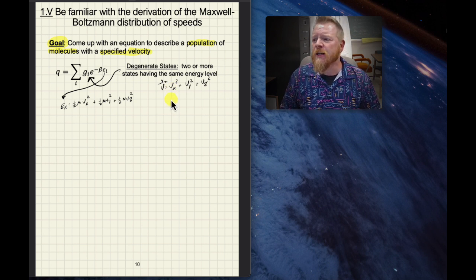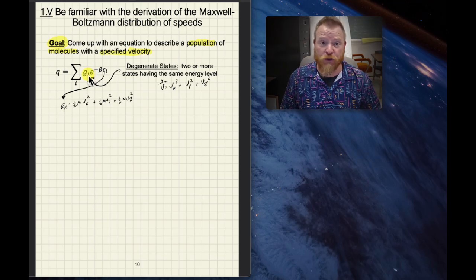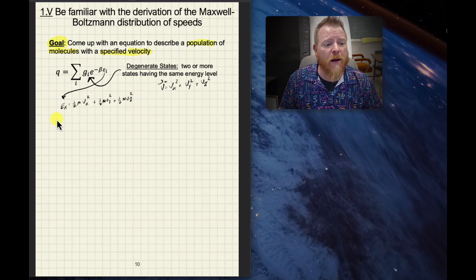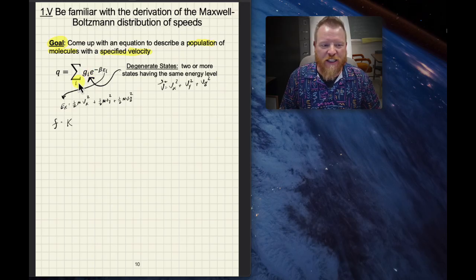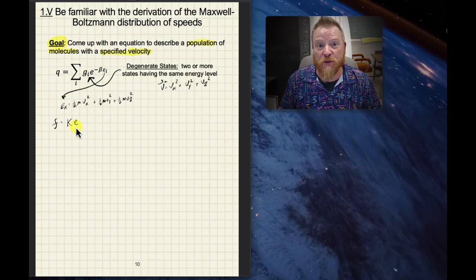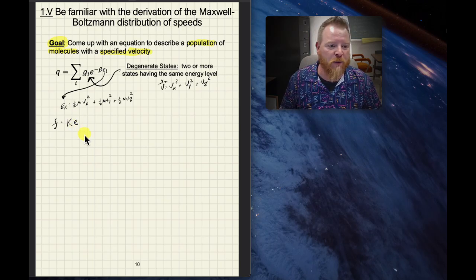We also need to consider that there might be triplicates, because we've got this x, y, z thing going on. So we're going to come up with some function that has the following form, k, which I'm going to replace with this g. I know there's not enough letters in the alphabet, and I'm typically trying to use the standard letters that are available in text.